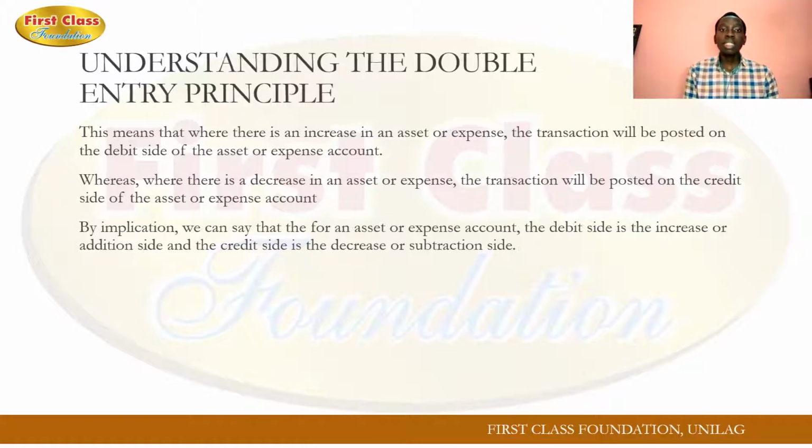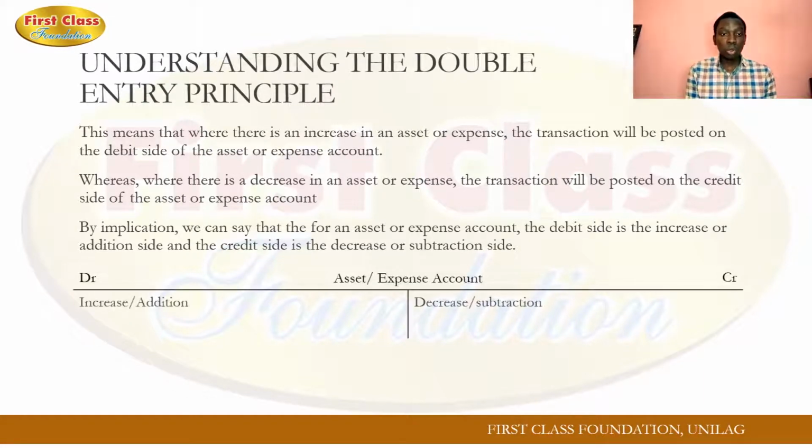Because when value is added to that account, we are going to post it on the debit side. So the debit side is the side for increase and the credit side is the side for decrease. So for asset or expense accounts, where there's an increase or addition, it is posted on the debit side, and where there is a decrease or subtraction, it is posted on the credit side.